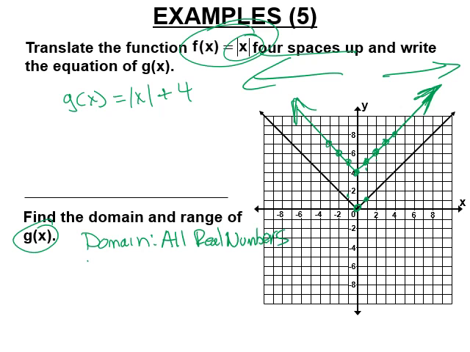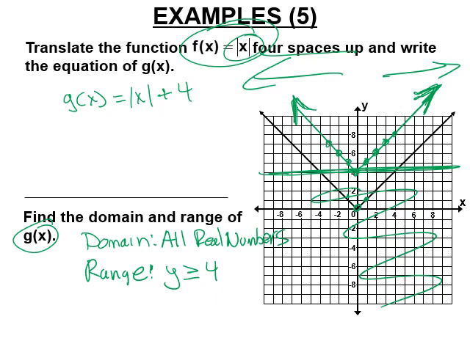Now the range is not all real numbers, right? Think about what are the possible values of y. Y can't ever be down here, right? Because we're going that way. We're always going up. So the range here is y is greater than or equal to 4.